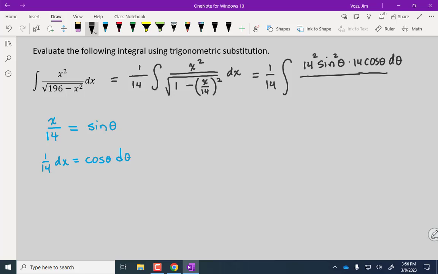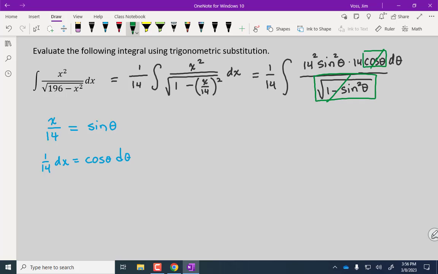Down below, we have square root 1 minus sine squared. And this cosine right there, and this whole denominator, those are equal, so they cancel. 1 minus sine squared is cosine squared.